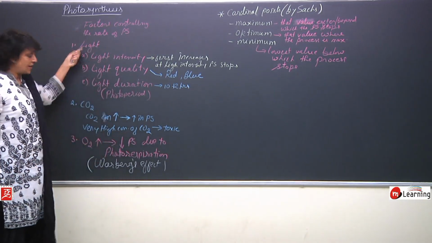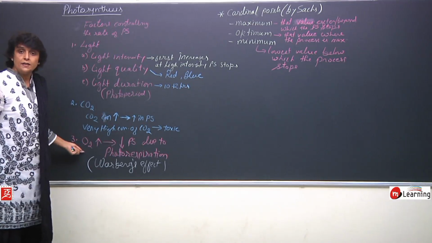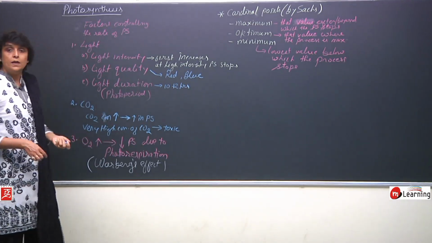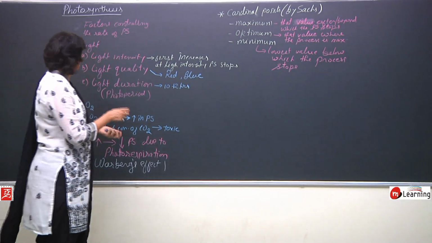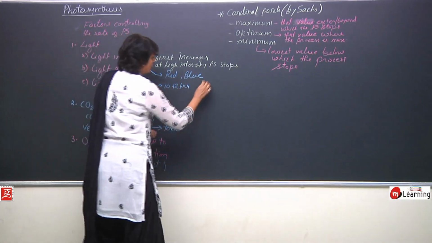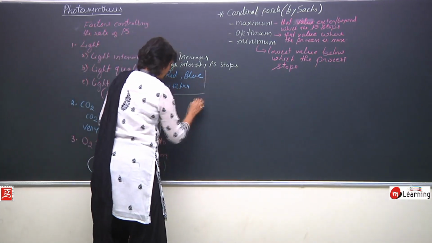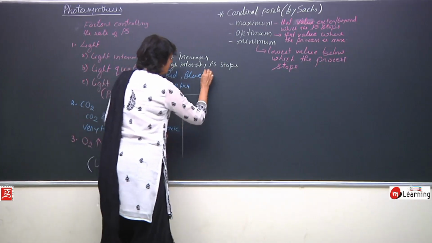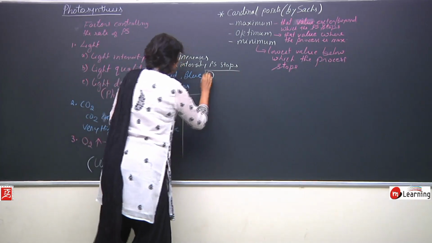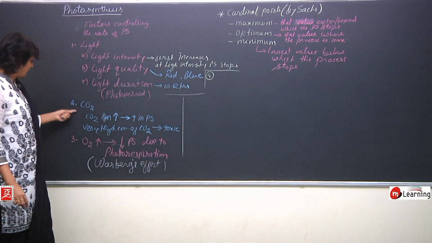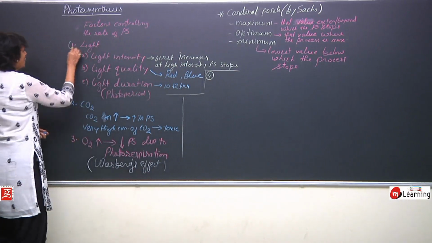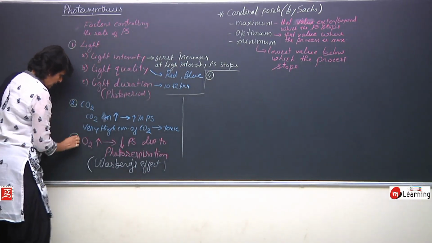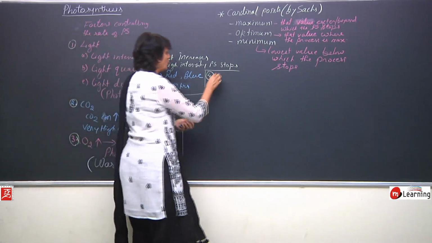So, light we have taken, carbon dioxide we have taken, oxygen we have taken. What about water? So, the fourth factor, first was light, then carbon dioxide, then oxygen. Now, suppose we take up water.